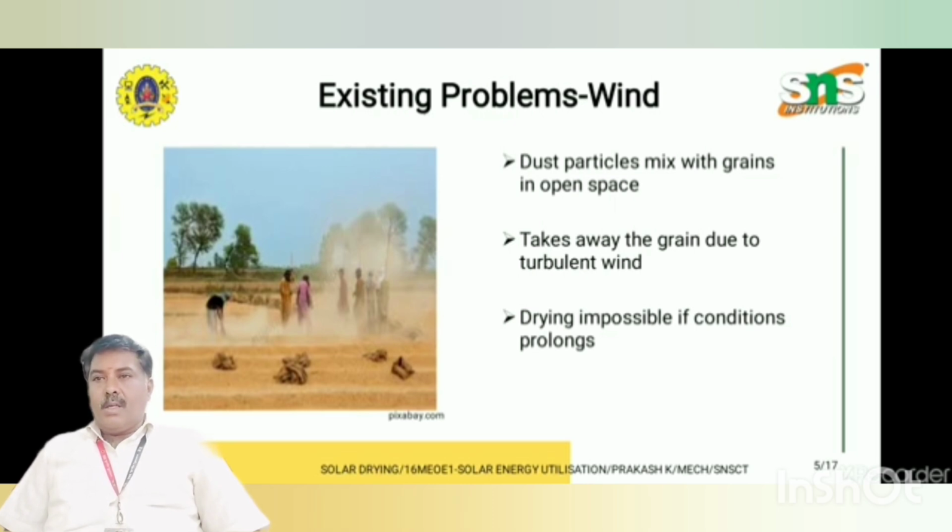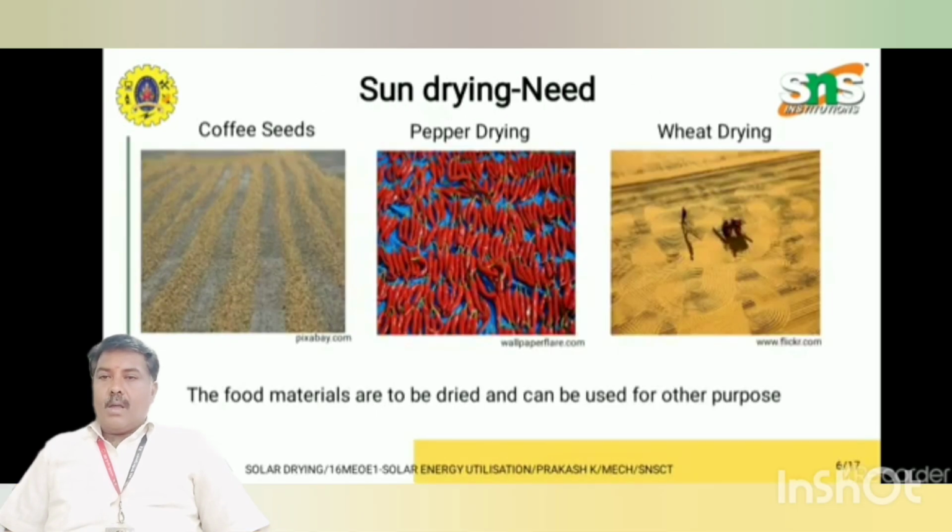So these are the major problems faced in drying agriculture products in the open space by sun drying. So how to sort this out?